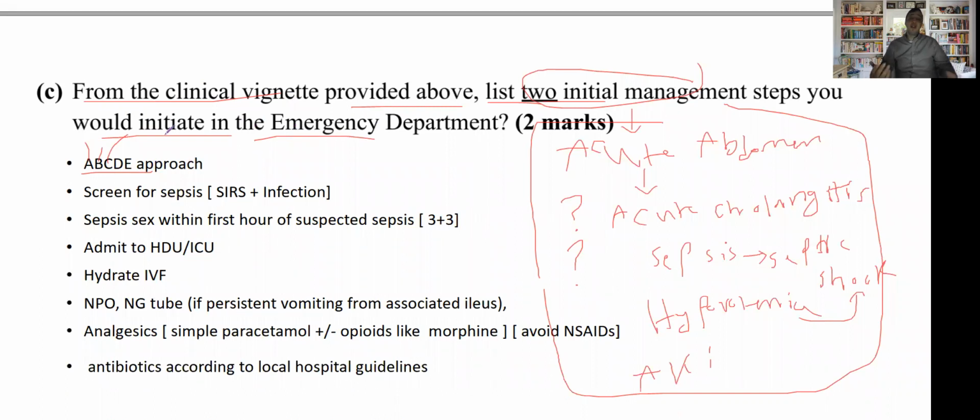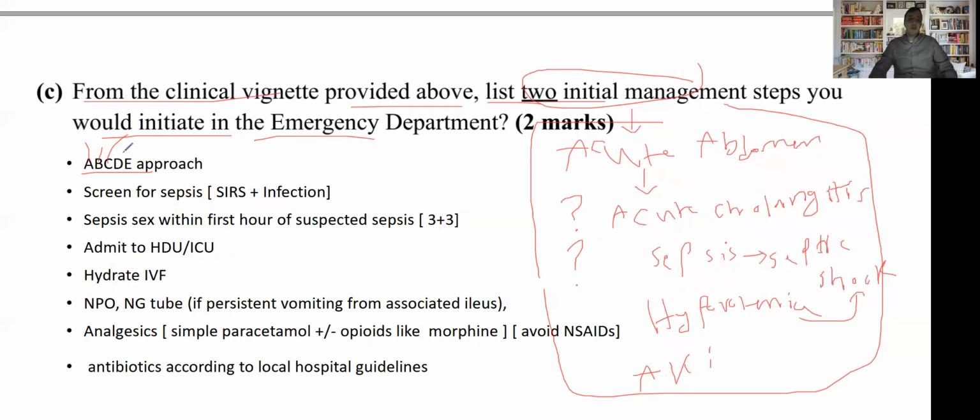So I would like to put two big venous cannulas in the upper limbs, in the antecubital fossa, and start to take blood samples while I'm putting these lines in, and send for basic routine blood tests.